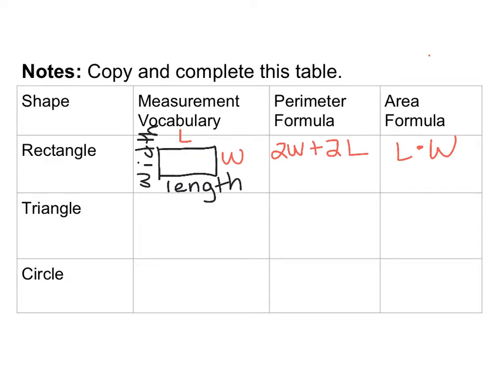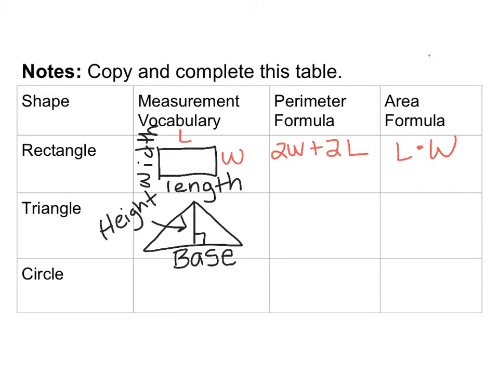All right, so when we talk about a triangle, we need to know the height and the base. The important thing to know is that they're always at a right angle to each other. Base doesn't necessarily have to be at the bottom, but they do have to make a right angle.